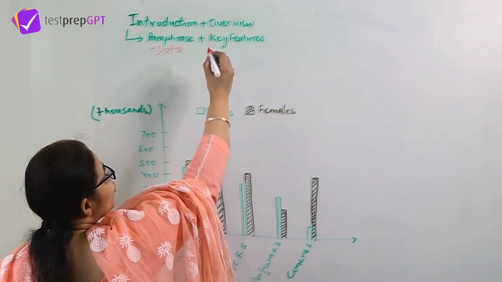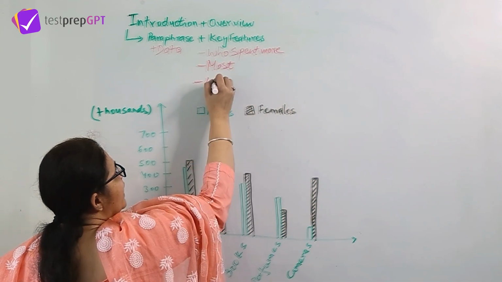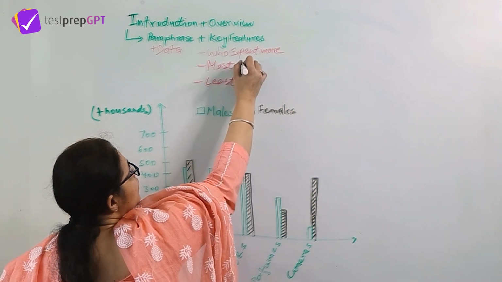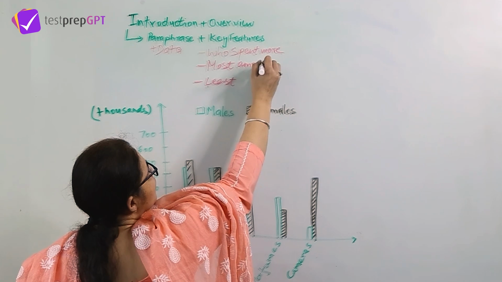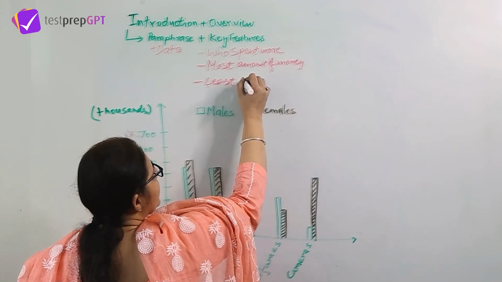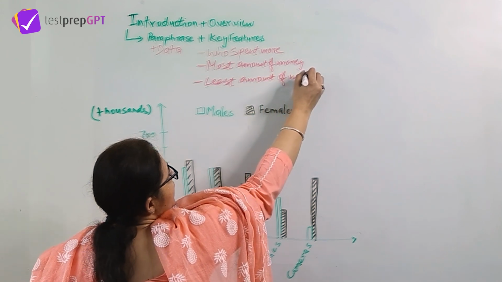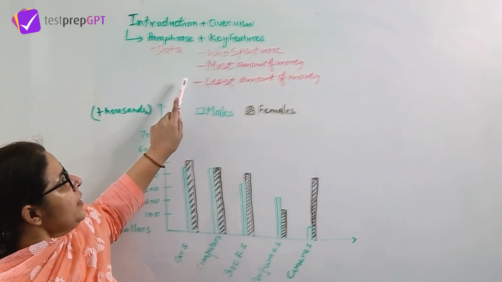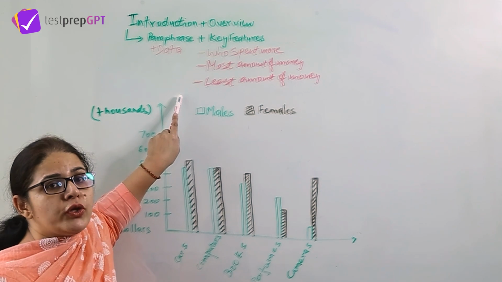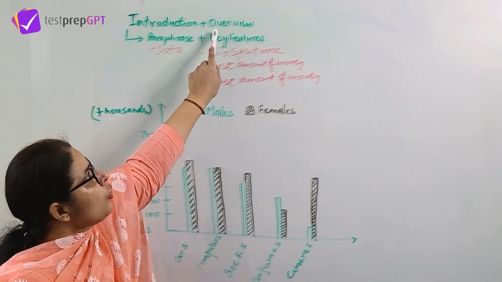So who spent more, then the most, and then the least amount of money. So these are the 3 key features we can look into and put into one single sentence for our overview.